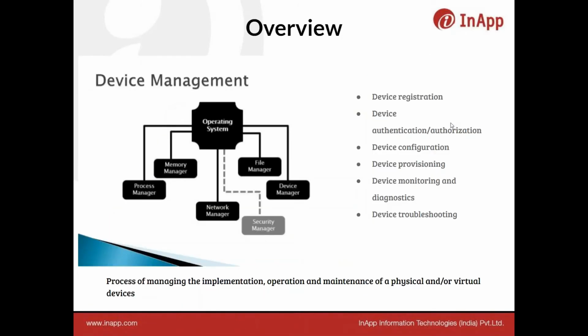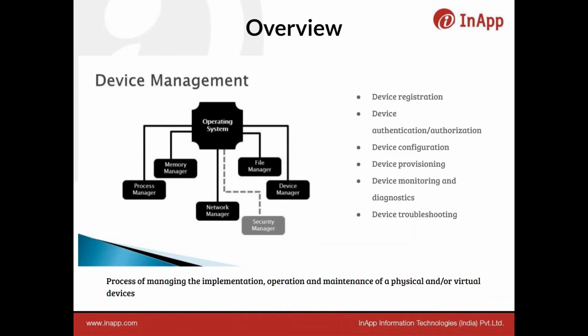We'll talk a little bit about device management. So you have a device, you have internet connectivity, and you have software that listens to the device and sends instructions to the device to act accordingly. So device management is actually a big process.